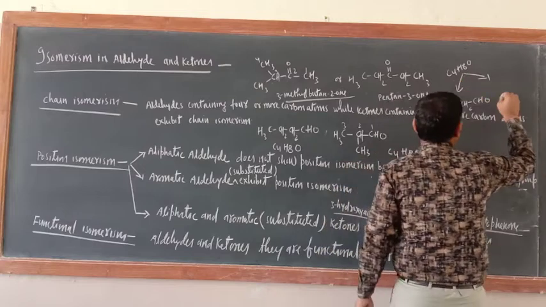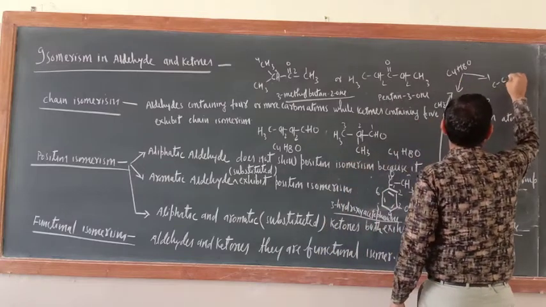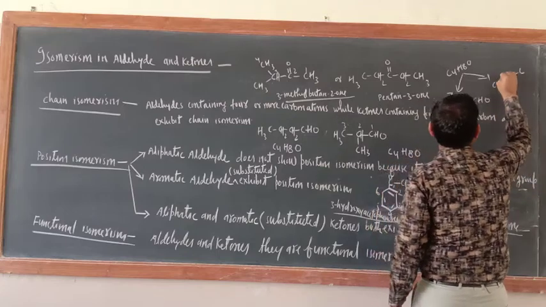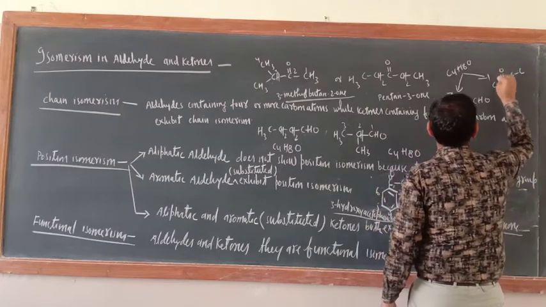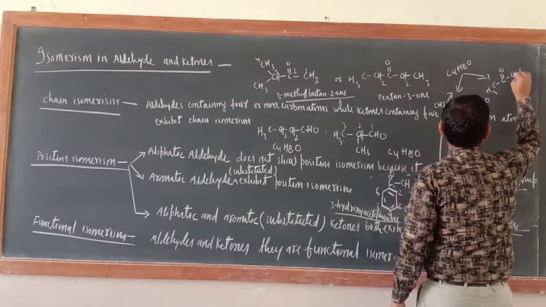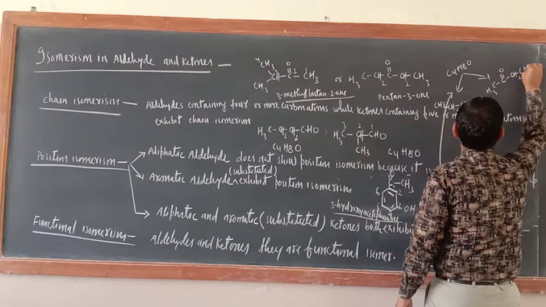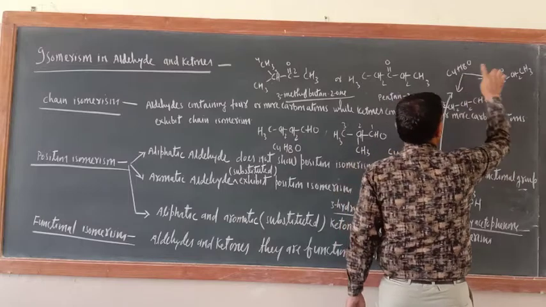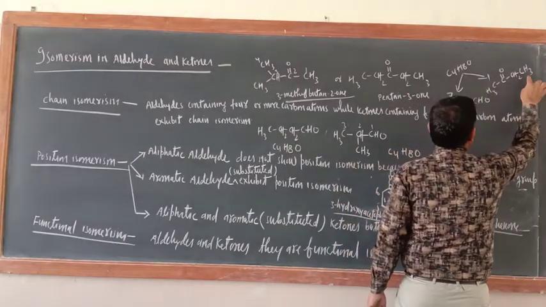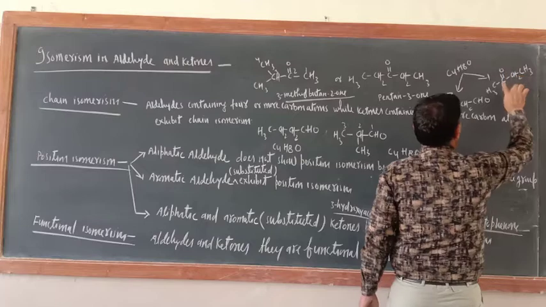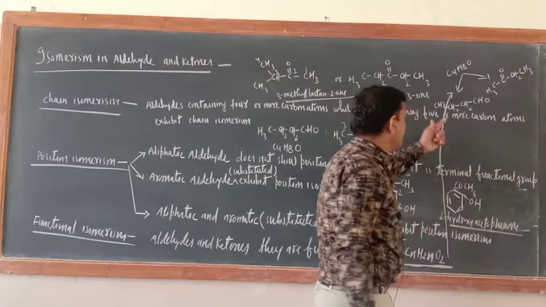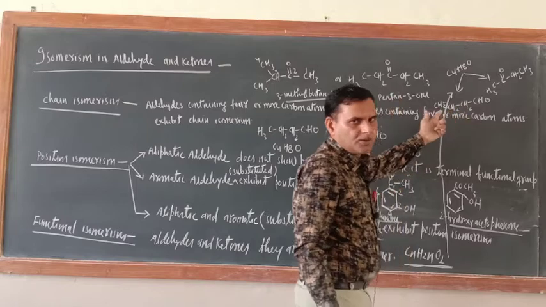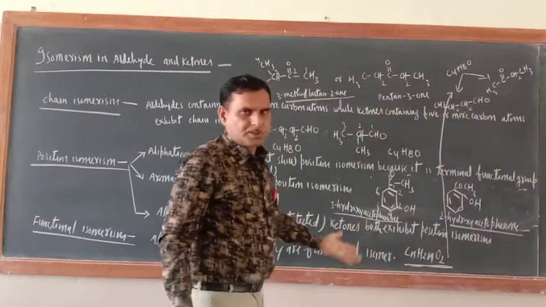Now what about this one? C and C, now one ketonic group, anywhere you can put. This is the ketonic group, this is CH3, this is CH2, this is CH3. Now see, the molecular formula is the same: 8 hydrogen, 4 carbon, 1 oxygen atom. We made 2 compounds, one is an aldehyde, one is a ketone. So this is functional isomerism.